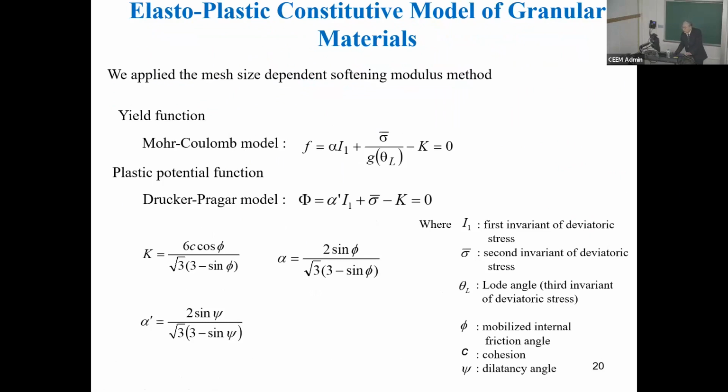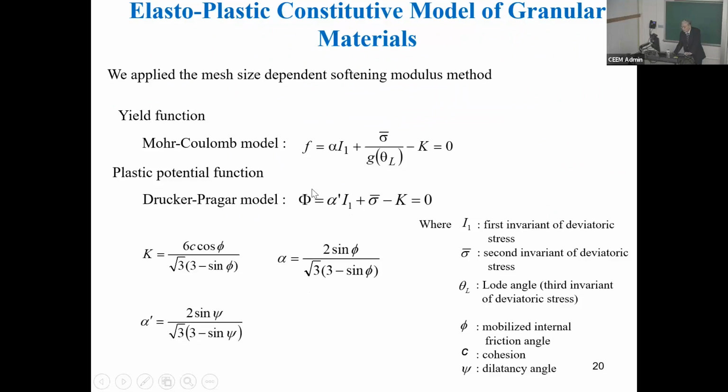So next, the elastoplastic constitutive model of granular material. The yield function is given by this Mohr-Coulomb type. And the plastic potential function is Drucker-Prager type.